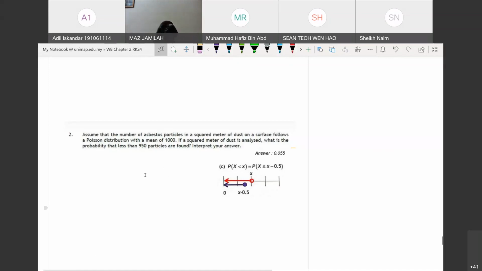Interpret your answer. Since it has been mentioned that it follows Poisson, x will be the number of asbestos particles in a square meter of dust.